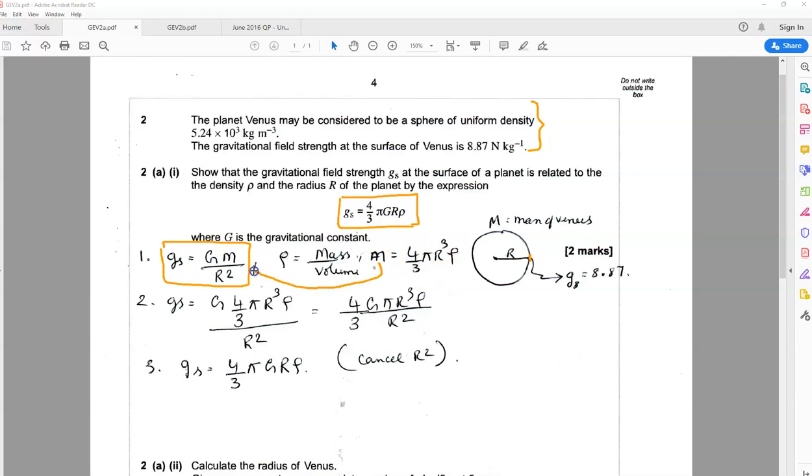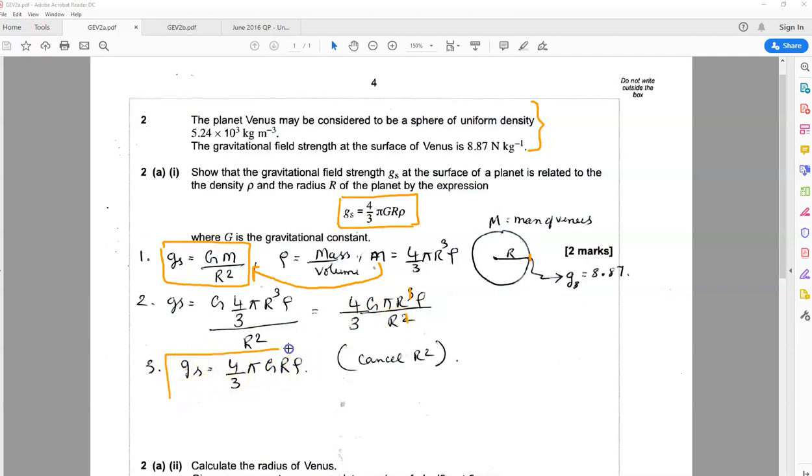If I substitute the value of M here, I will get G times 4/3 π r cubed times density, divided by r squared. If you rearrange this, you get 3 r squared in the denominator and the rest in the numerator, and these will cancel away. This will give you just a single r in the numerator, and once you tidy up, you will get 4/3 π G r ρ.